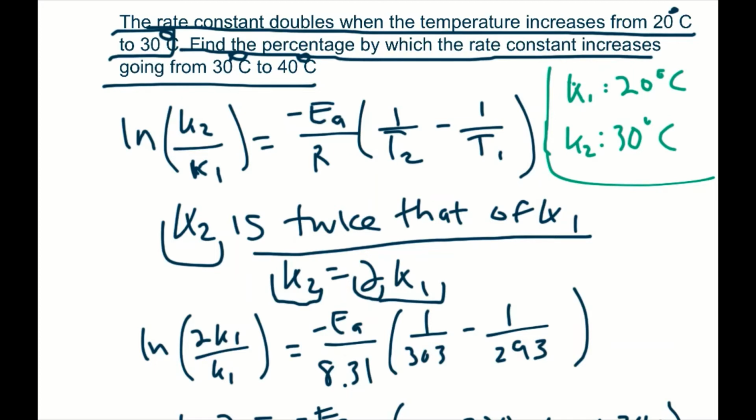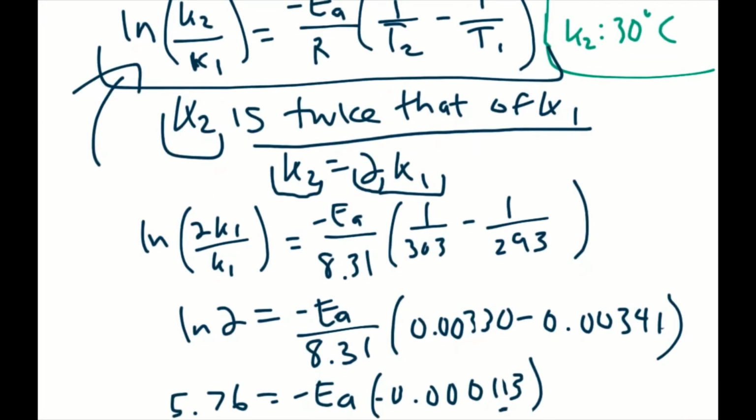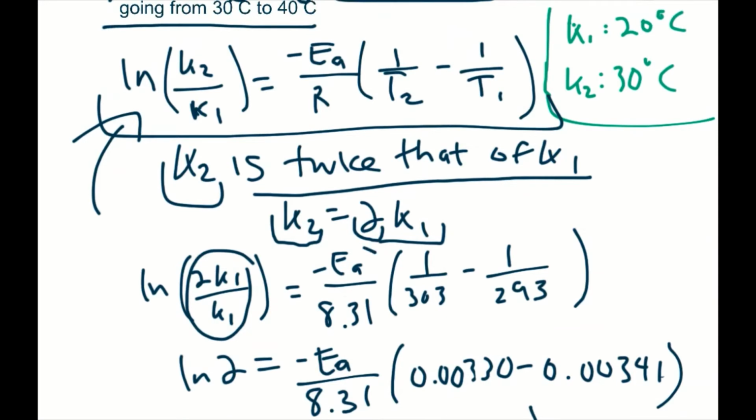I could substitute it into this cool equation that we derived in the previous slide, and we see that the ln of 2K1 over K1 is equal to the negative of the activation energy over 8.31, so our answer will be in joules.